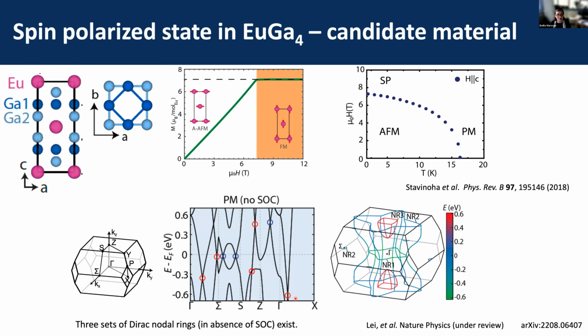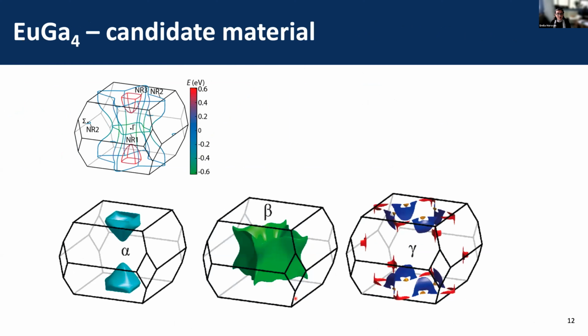So when we now look at the different pockets of the Fermi surface, there are three sets of Fermi pockets: the ones denoted as alpha, beta, and then two different pockets that we refer to as gamma.